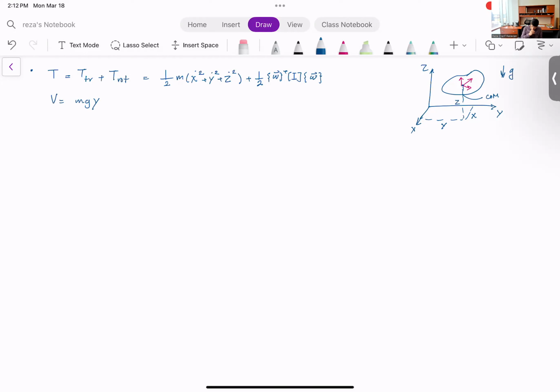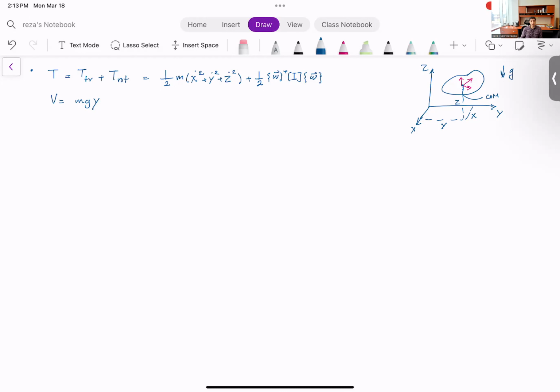What I want you to note here is that when we want to write the Lagrange equation, I have partial L partial q dot and partial L partial q.